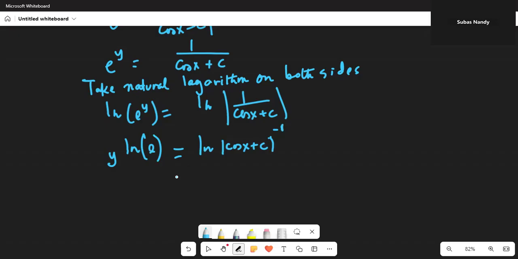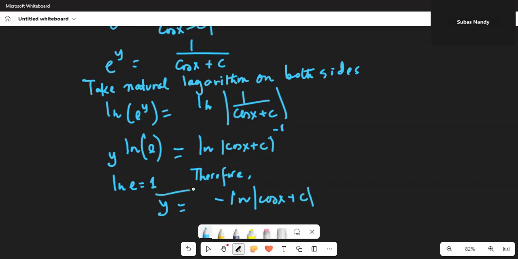Now ln of e is equal to 1. Therefore, y is equal to minus 1, because it's an exponent, times ln of the absolute value of cosine x plus c. So that's your final answer.